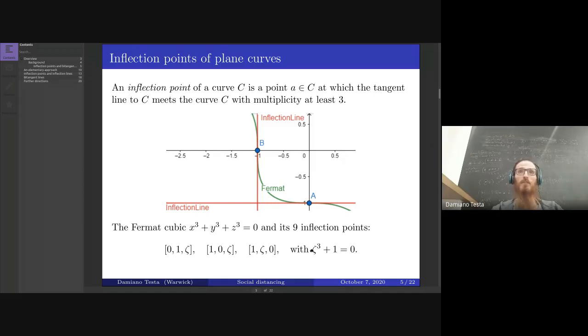And the sort of behavior that you see for this equation, that modulo 3 has a triple root, whereas modulo any other prime, it has 3 simple roots, it's exactly the kind of behavior that we're going to see over and over in this talk. So in some sense, this is sort of the source of everything that's going to happen. Sorry, it's not the source, this is a consequence of everything that's going to happen. And we're trying to look for patterns that look exactly like this in a couple of problems.